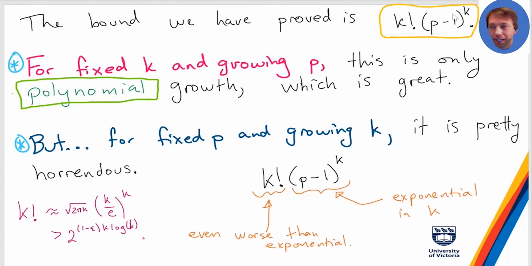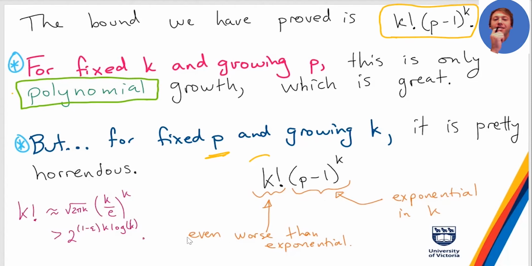I never really see polynomials of order 20 in the wild. But it's a fast growing polynomial, still a polynomial. The bigger issue comes if you fix p. Suppose I want 10 petals, so I fix p and let k grow. The worst part of this is the factorial. If p is 10, I get 9 to the k.